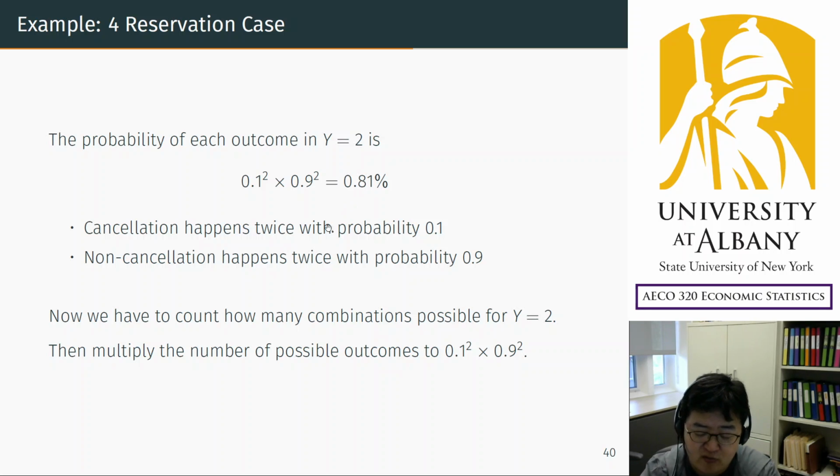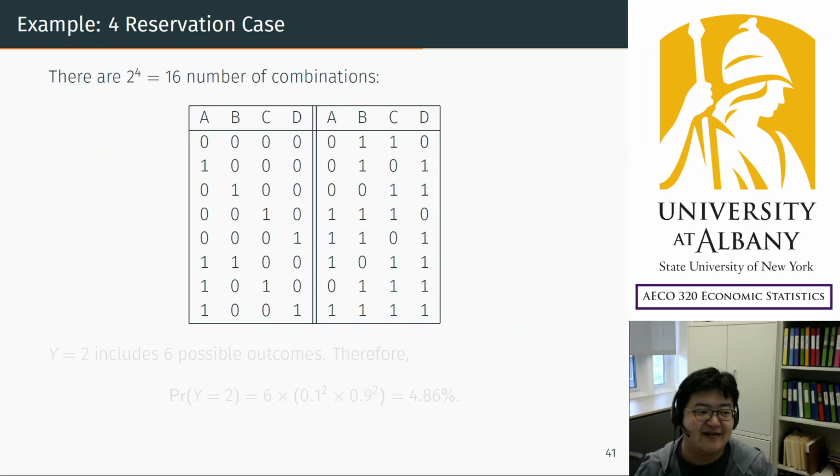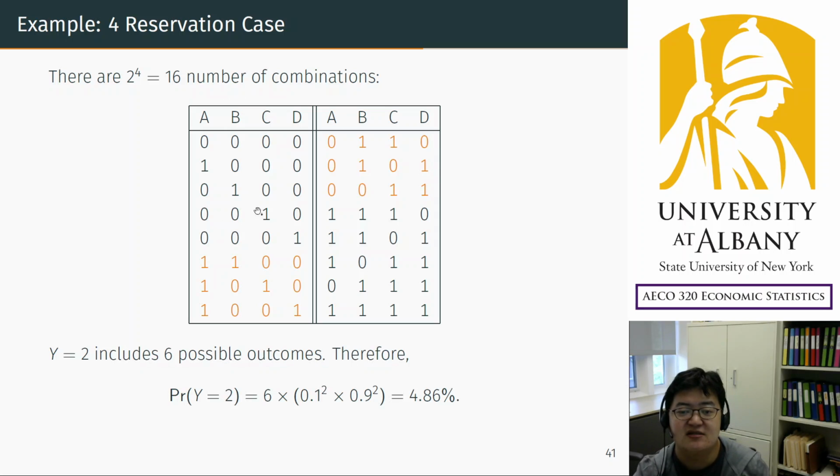What remains is simply to count how many different combinations. When two reservations are canceled, you can think about A, B, or A, C, or B, C, like that. So there are different pairs you can think of. How can we do that? Brute force. List all the possible cases and see which are the cases we are interested in.